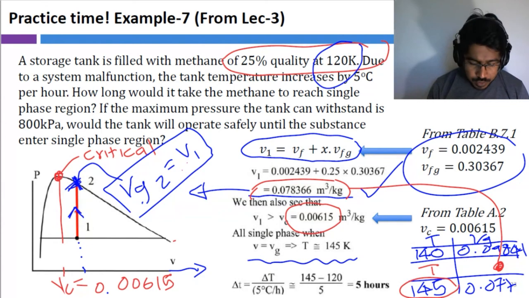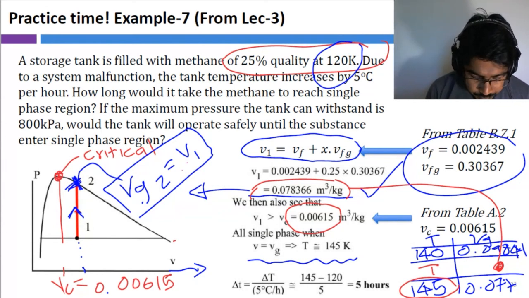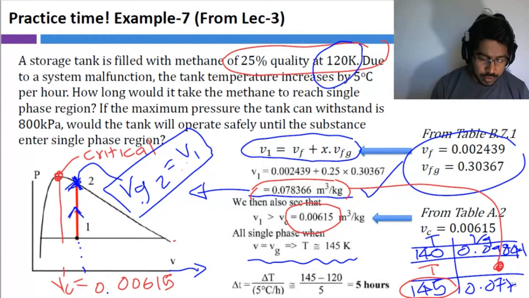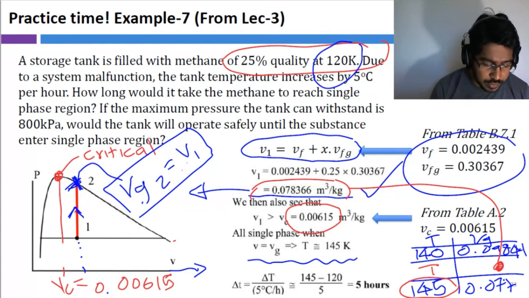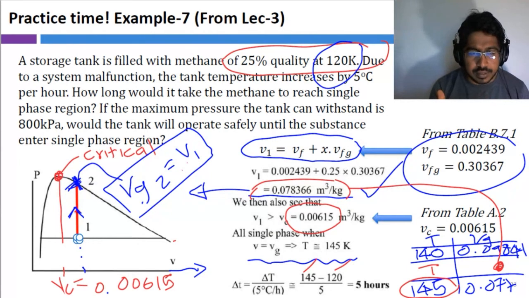Okay. So now we need to find the time taken to cross the boundary. We have been provided with a temperature increment rate. So if we know the temperature difference at point 1 and point 2, then we can do the calculation, right? So 145 we found already, 120 given, so that is the temperature difference.